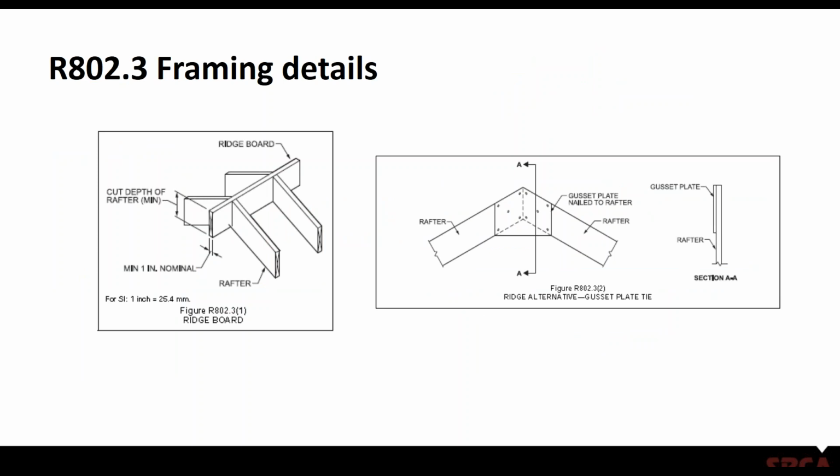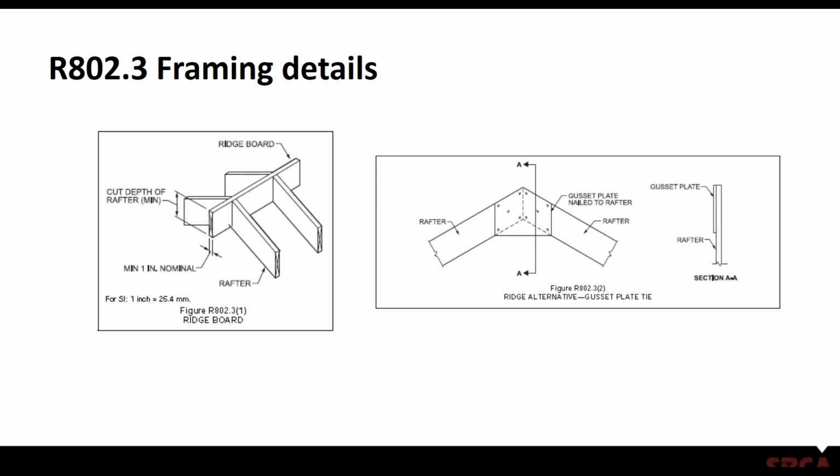So these are some framing details, courtesy of the commentary to the IRC. In a true ridge board application, the figure on the left, minimum 1 inch nominal is allowed. Not sure of anybody that's actually using a 1-inch board anymore, but it is allowed. And the minimum depth of the ridge board has to be at least equal to or greater than the vertical depth of the rafters tying into it.